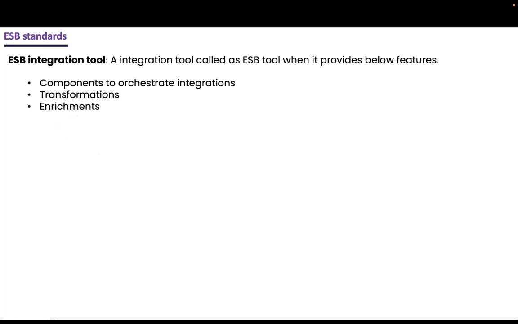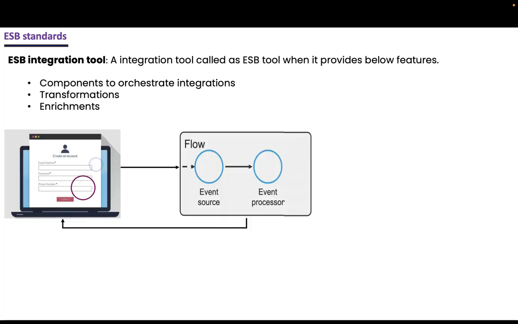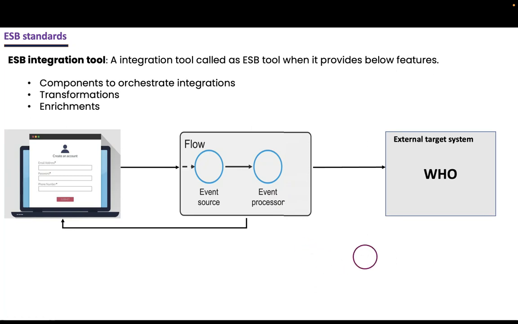So according to our case study, assume the user is sending a request to our Mule flow, then our Mule flow needs to insert the payload into the UHO database. Then after that, it should also inform the payload to the WHO. Assume the user is sending a JSON payload, and the WHO is expecting the payload as XML.